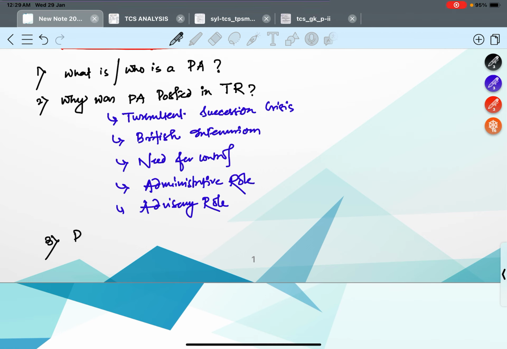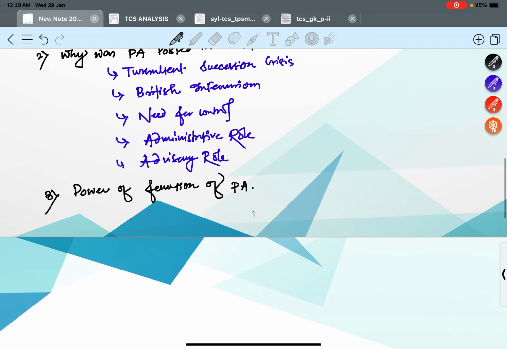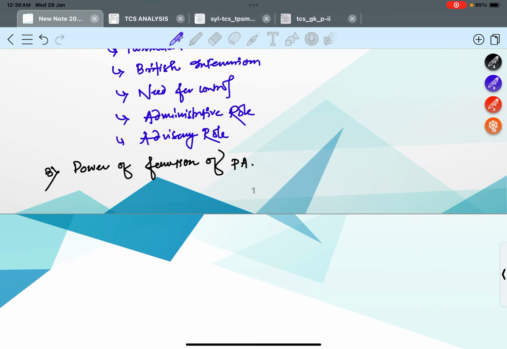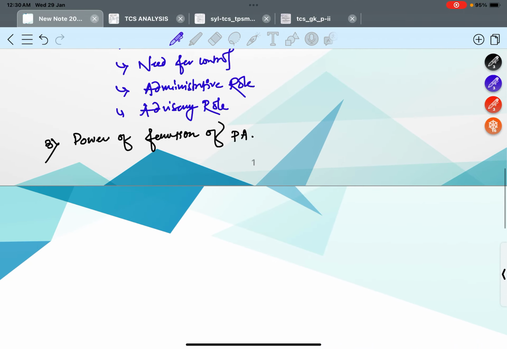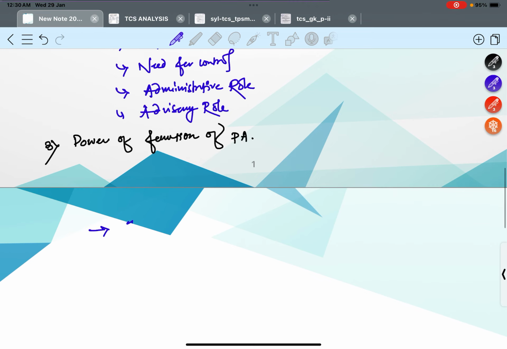Next you should know the power and function of the political agent. There were many functions, for example, emergency protocol: in an emergency, how to react and how to control the situation.